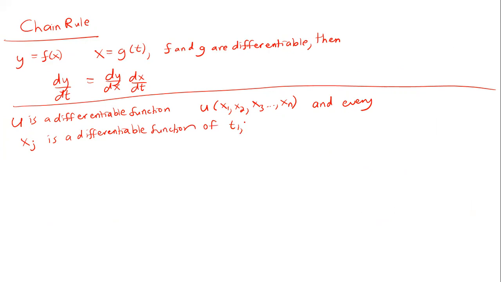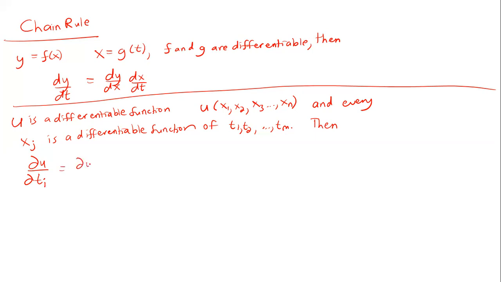Of t1, t2, ... tm. Then implicitly, u is a function of all of these, the t1 to tm. So we could do partial derivatives of u with respect to each one of these, because u is a function of all of them, so it does have to be a partial derivative.